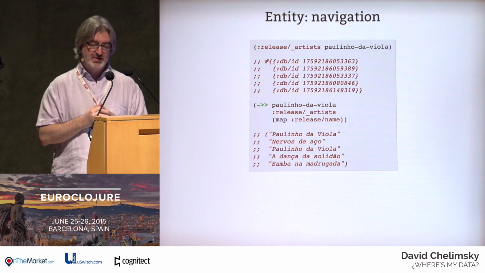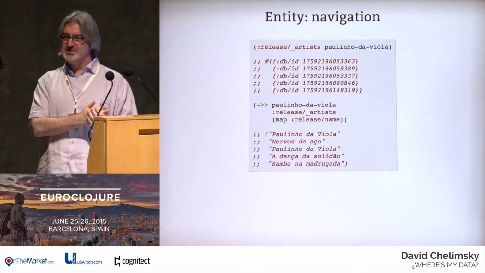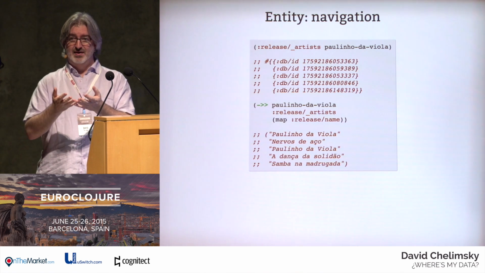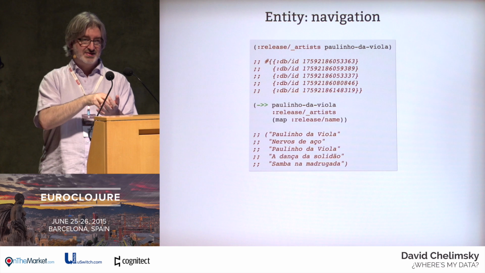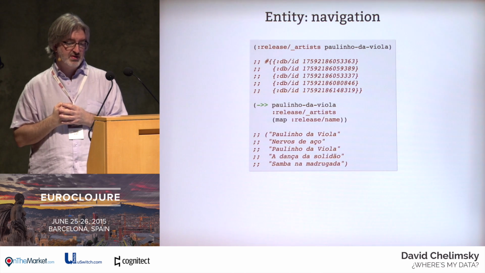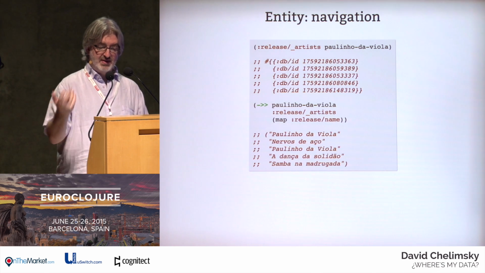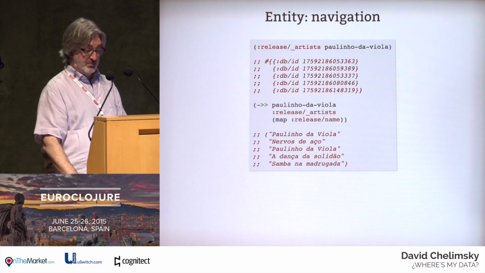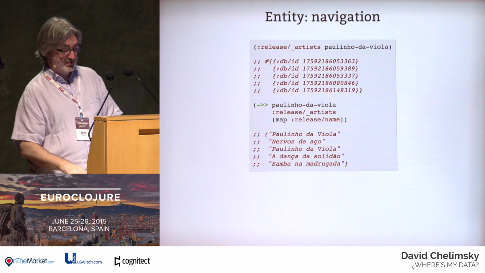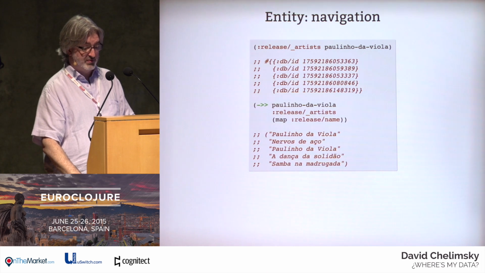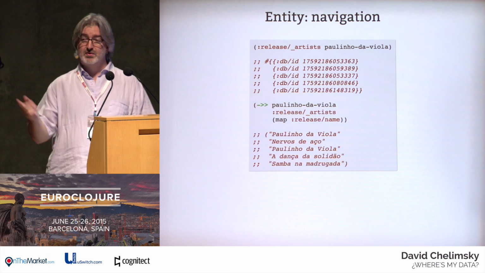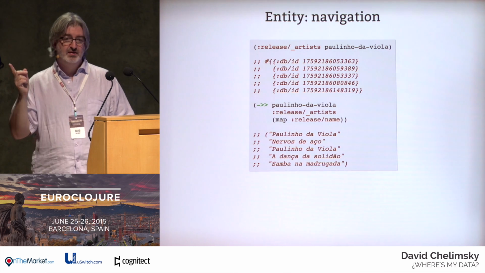So what we're actually doing is we're navigating from the artist to all the releases that have that artist as an attribute for release artists. And so you could see that returns us a bunch of releases. Maybe you can't see that. Well, you can, because then we iterate through their names and map over their names, and we have all the names of the different releases. So you can navigate in either direction.